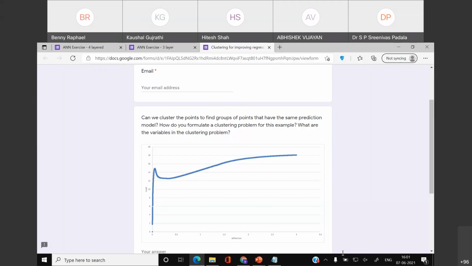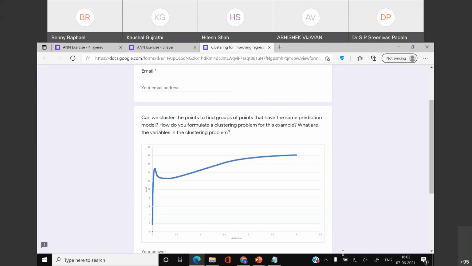So let us say you make clusters using deflection and slope, and you know only the deflection. Still, you can find out roughly which cluster it lies in, and then you can probably use that equation. Again, there is still some difficulty, but in general, it's not good to use even the output variable for clustering.